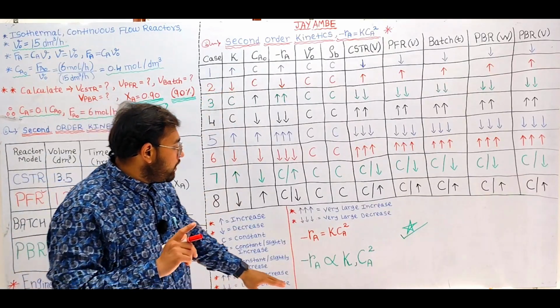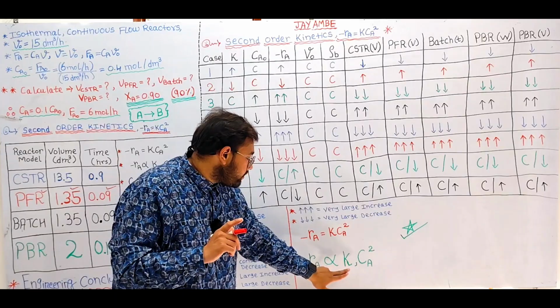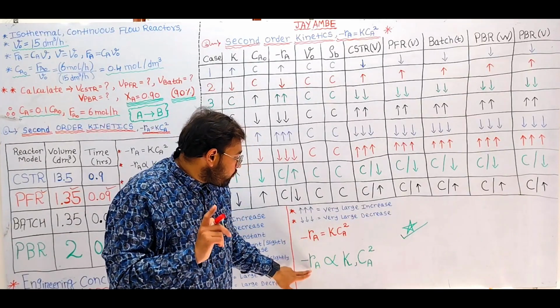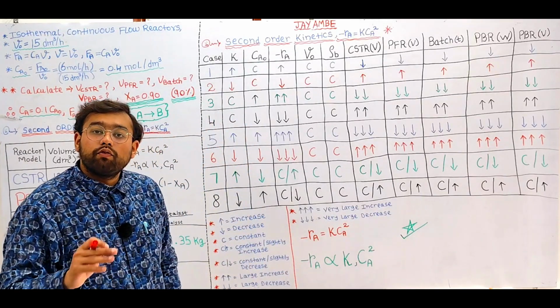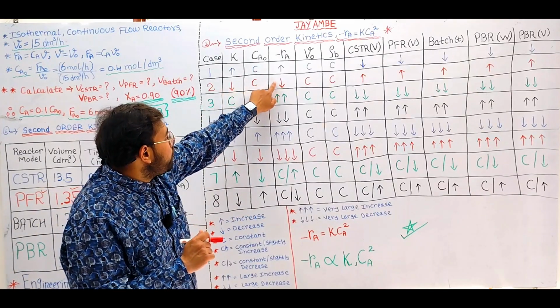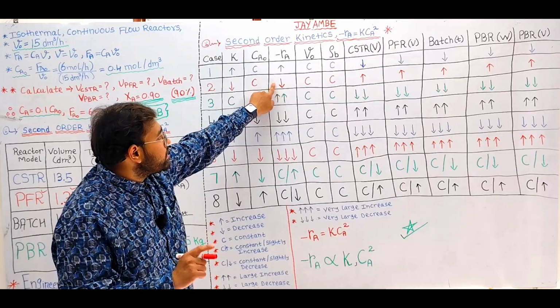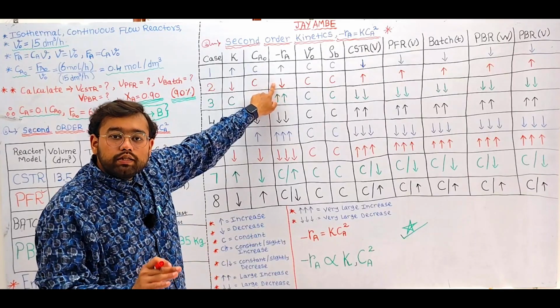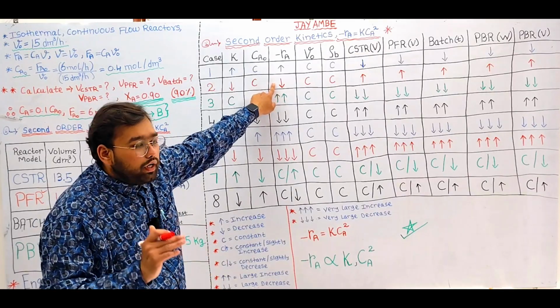Due to the direct proportionality of the rate constant K with the reaction rate, the reaction rate will also decrease. Due to the decrease in the rate constant, the rate of the reaction will also decrease, right? The reaction rate decreases, which means the speed of the reaction will also decrease, right?